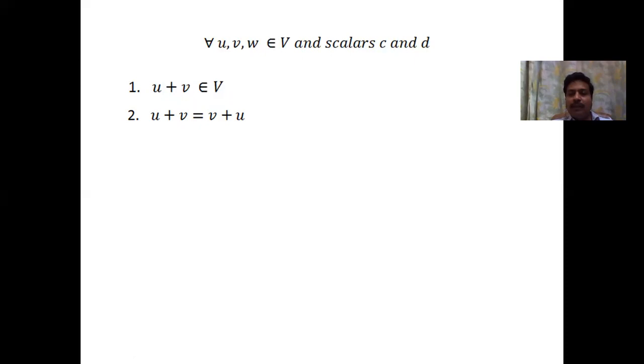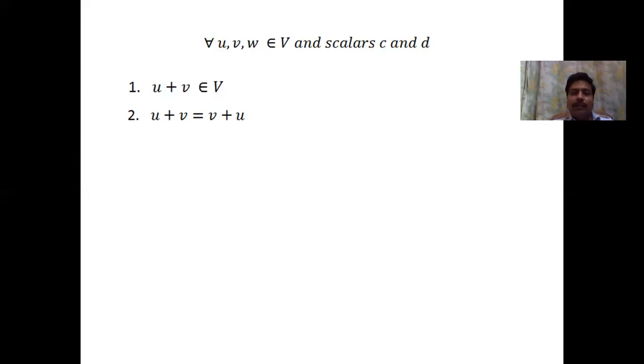So the order of the addition is not important. You can add in any order, the result will be the same. In chemistry, we can find such situations. Sometimes you pour one chemical into another, and reversing the order, the result will be different. You will come across such examples there.